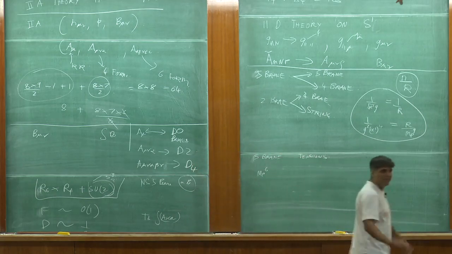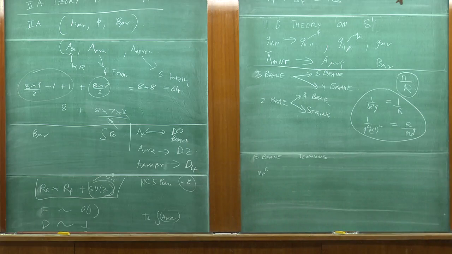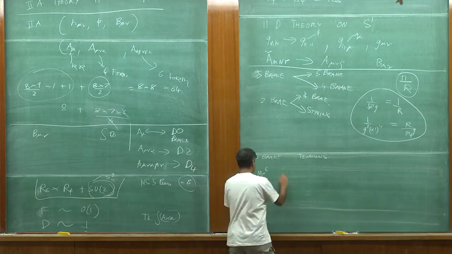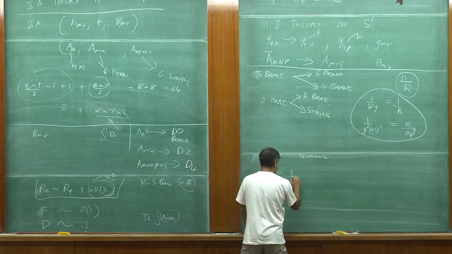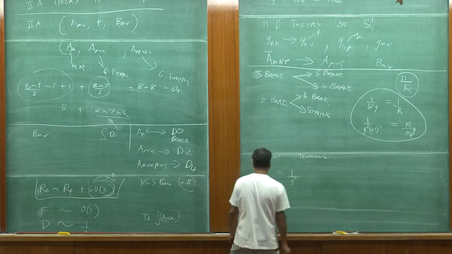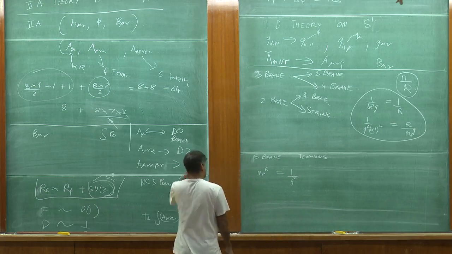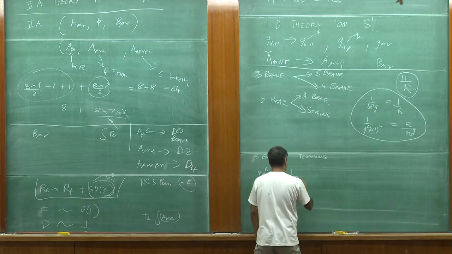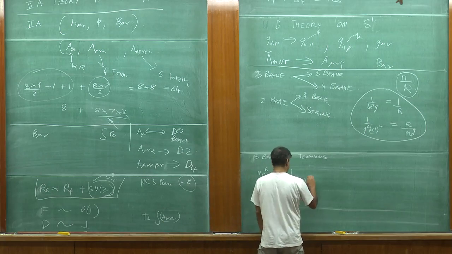It has to be something mass to the power 6. On the string theory side, we know what we're supposed to get: 1 over g squared times alpha prime to the power 3.